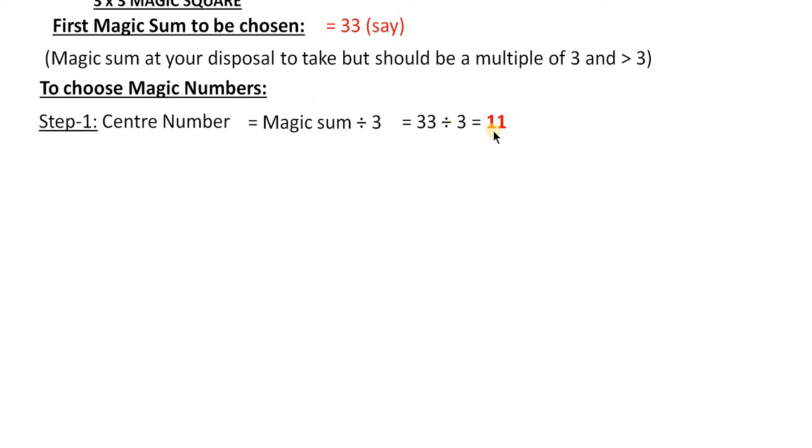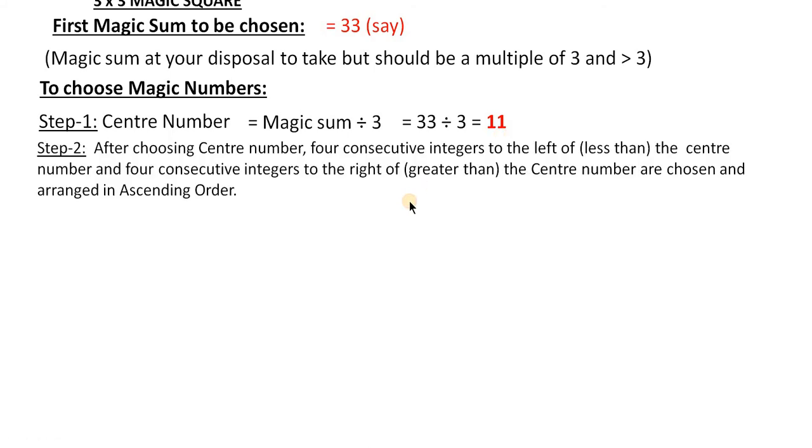So out of the 9 numbers, I have found one number, which is 11. I will have to find the rest of the 8 numbers. What should be the policy, the norm, to find the other numbers? You can simply choose the 4 predecessors that precede 11 and the 4 successors that succeed 11.